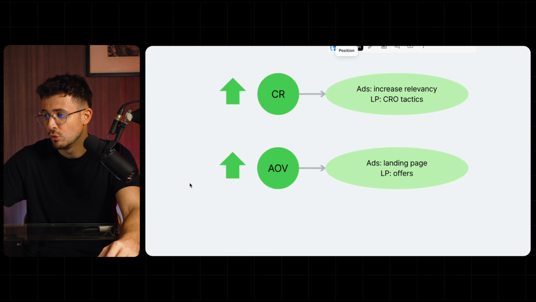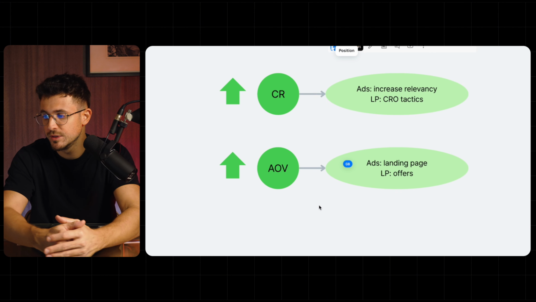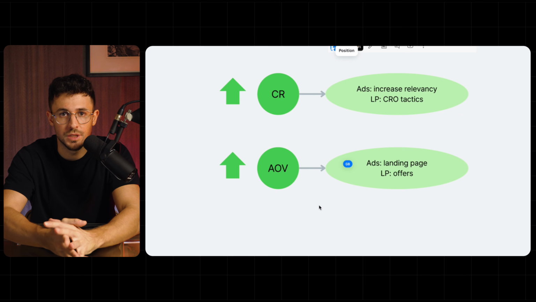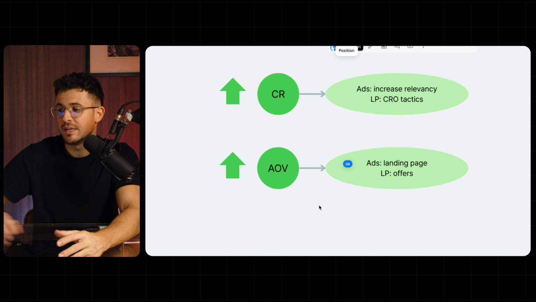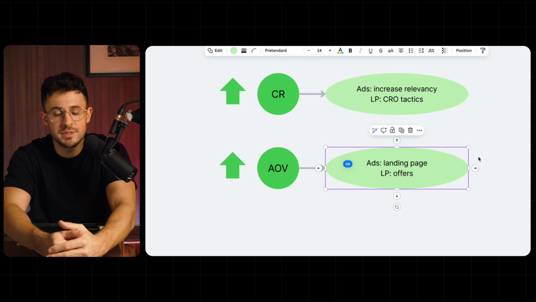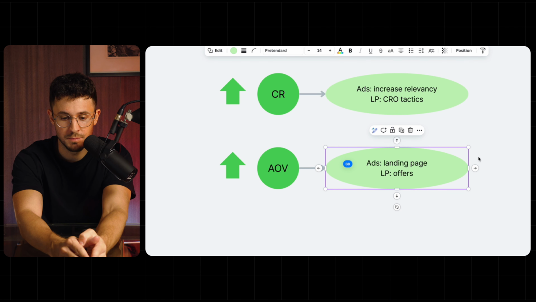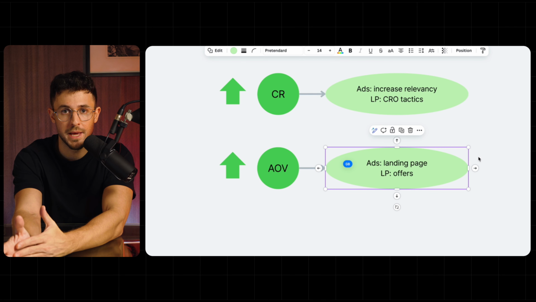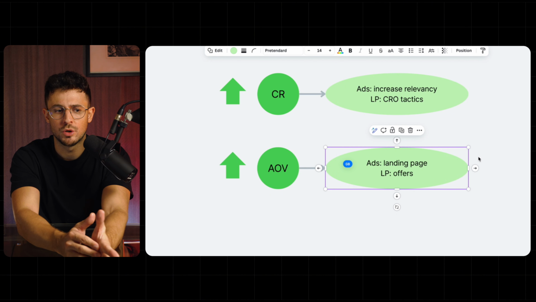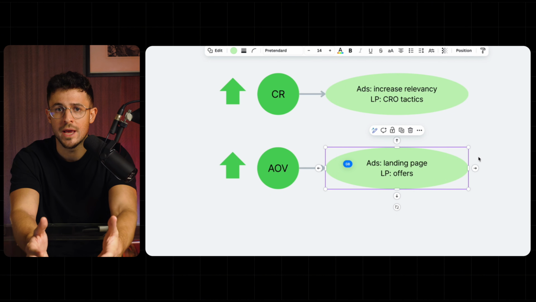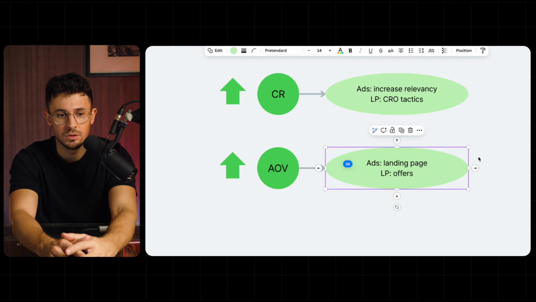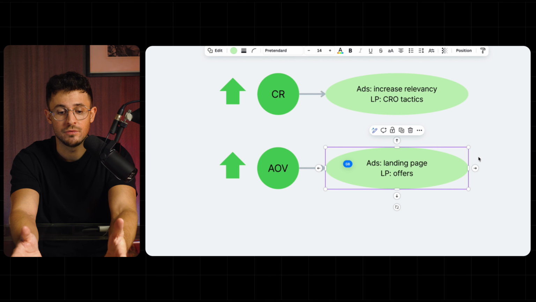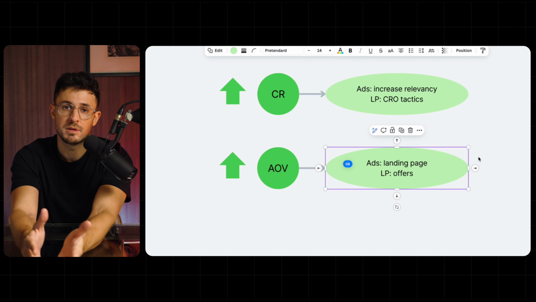And finally, when it comes to AOV, the way to improve this is, of course, to improve the offer itself or even the ads' landing page, because sometimes I see people running ads specifically, for instance, to a collection page, and in this case it's much more difficult to understand what your AOV will look like. So your way to increase the AOV is by forcing people to buy from a specific landing page.